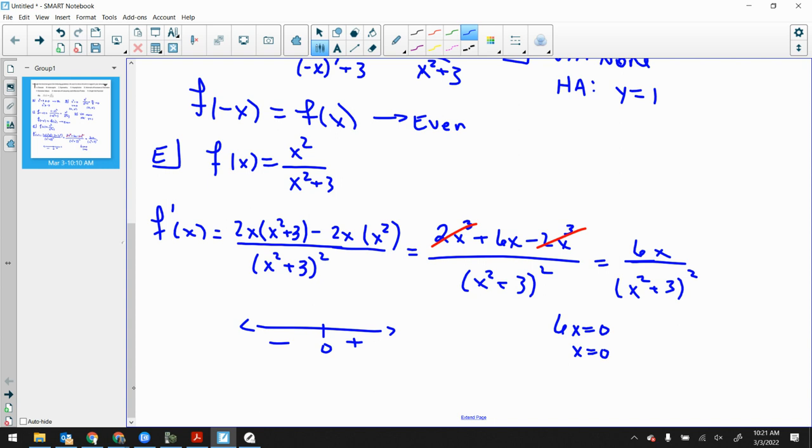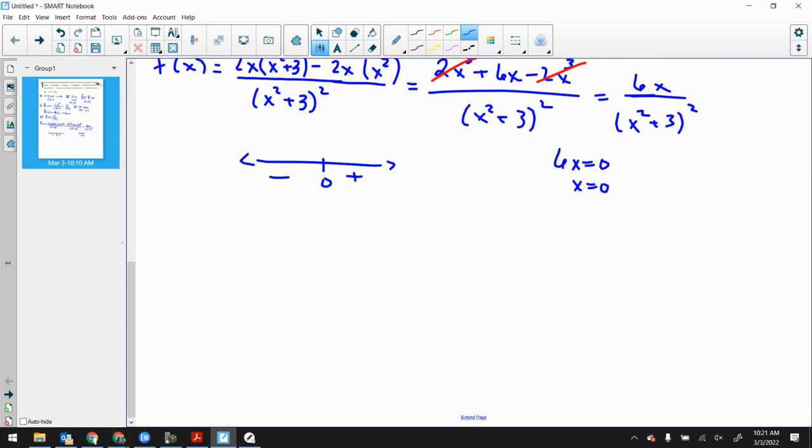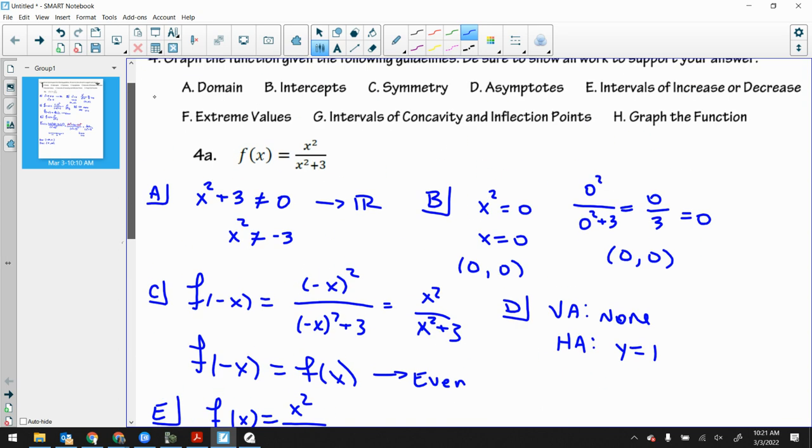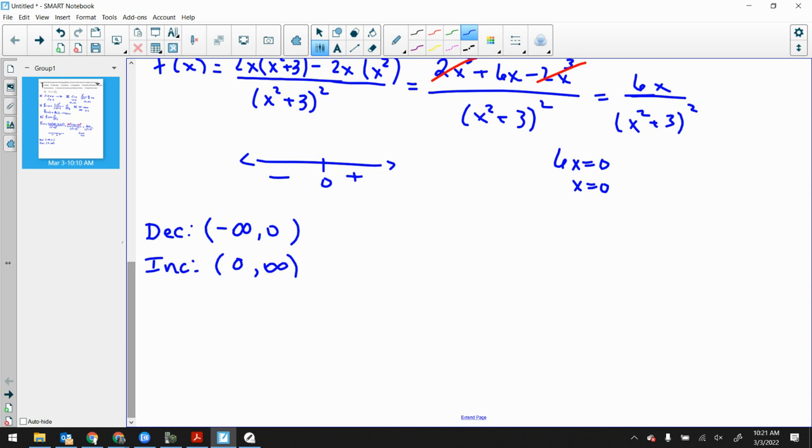My intervals of increase and decrease, therefore, are negative infinity to 0 is decreasing, and increasing is 0 to infinity. Which means, extreme values, we've got a minimum point, decrease to increase.